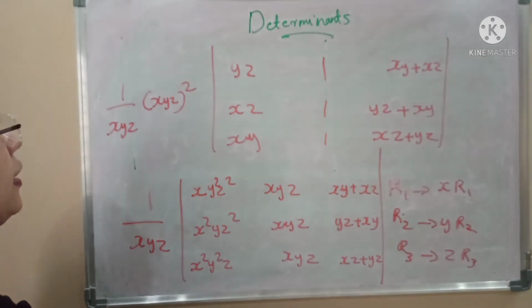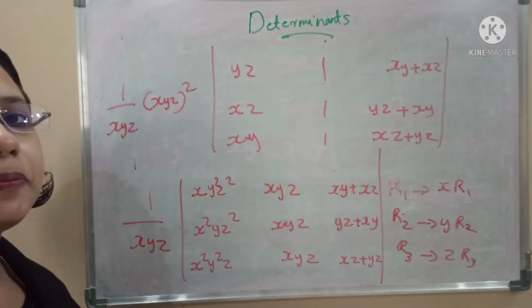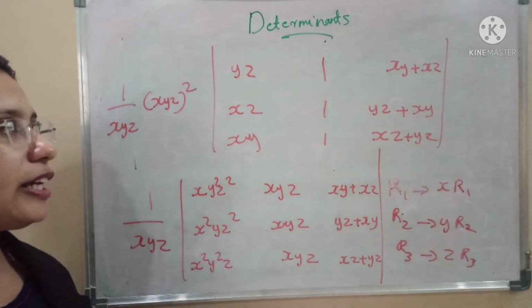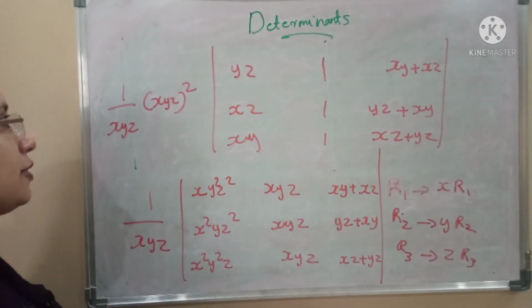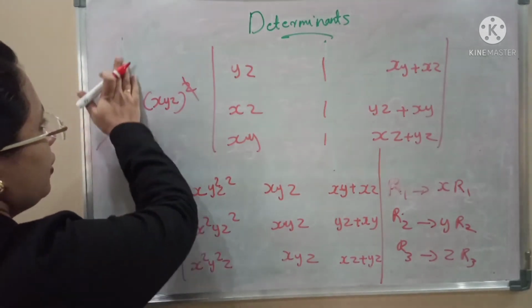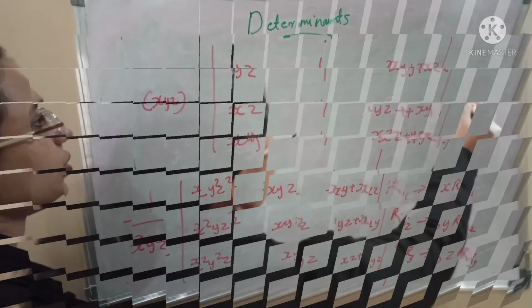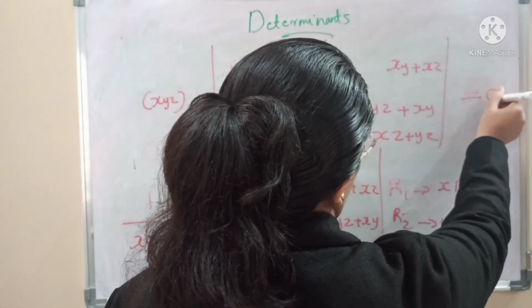Okay, now what is the next procedure? You just think. So what can we do next? So definitely this and this will get cancelled, so here we will get xyz only. Okay, it as 0.